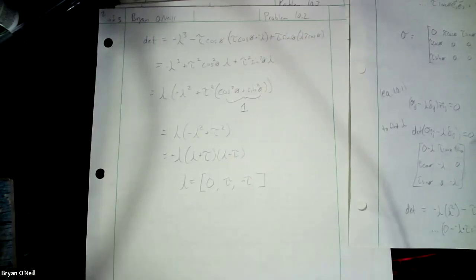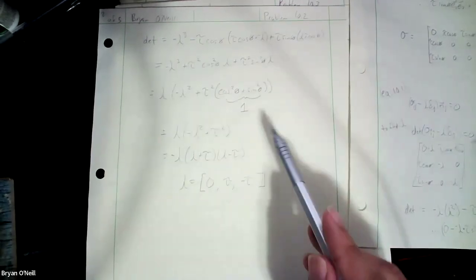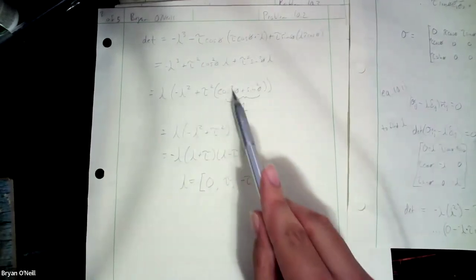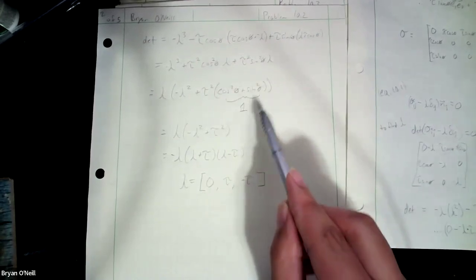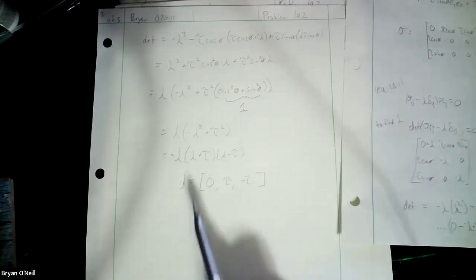So taking the steps I took from here to there and there to here, we find this trig identity, cosine squared theta plus sine squared theta is equal to 1. It's a very key point here because it makes our equation so much simpler.